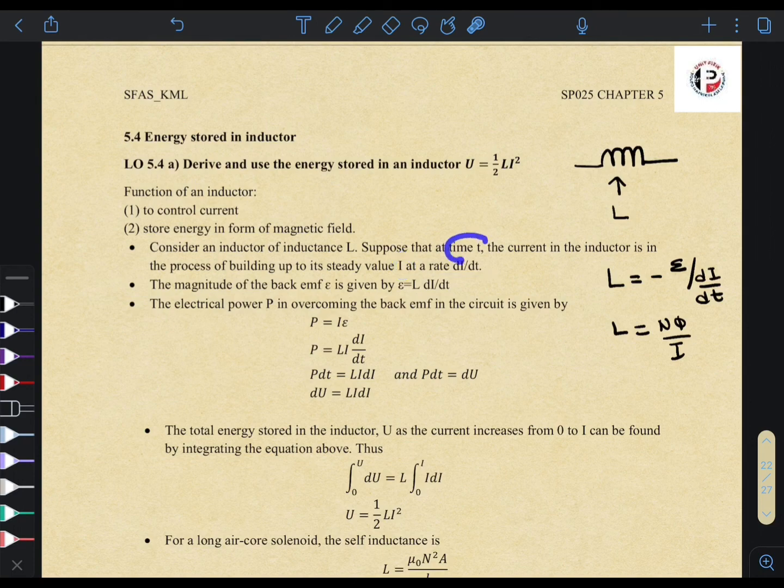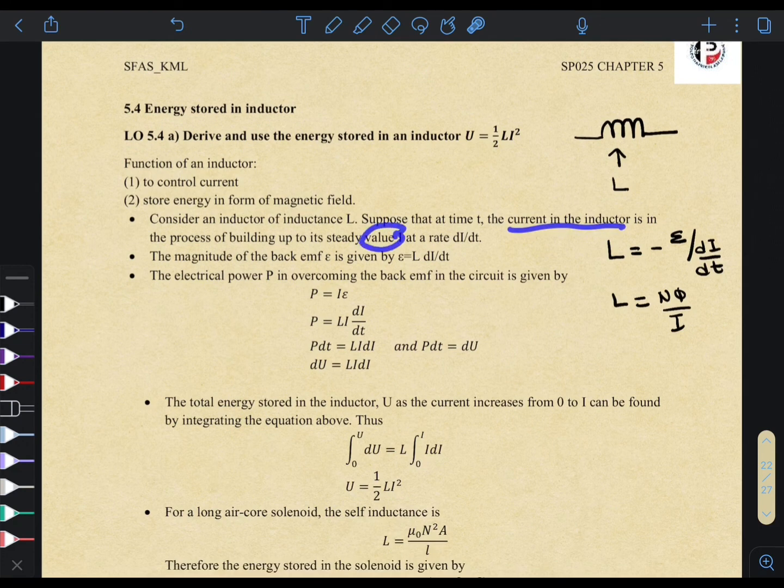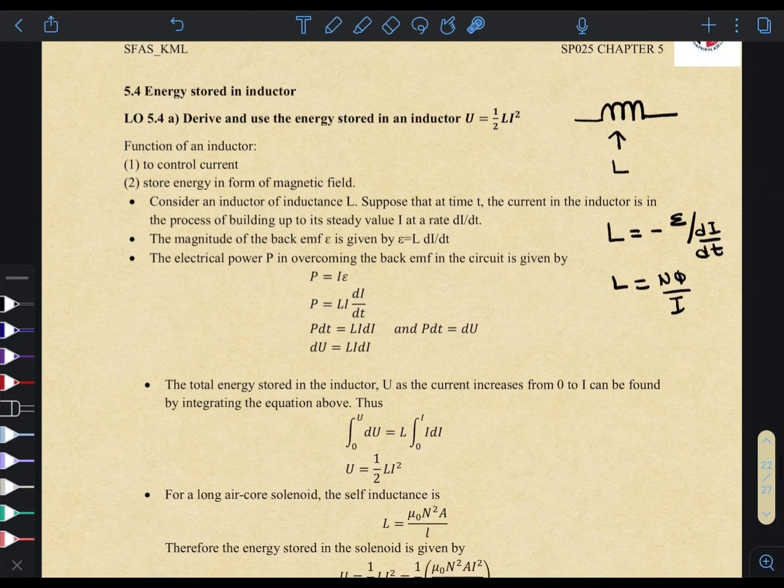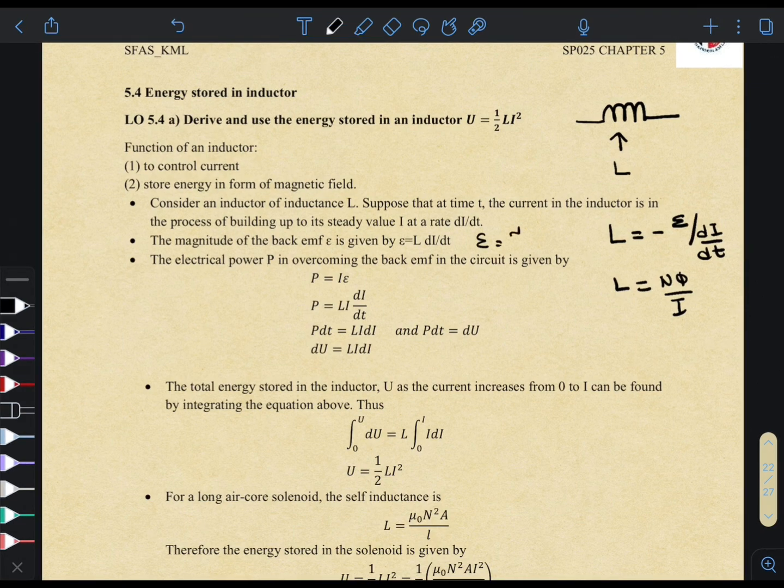So the current in the inductor is in the process of going to its steady value at the rate of di over dt. Using the magnitude of back EMF, EMF is equal to L di over dt. Induced EMF or back EMF is given as L multiplied by di over dt here.